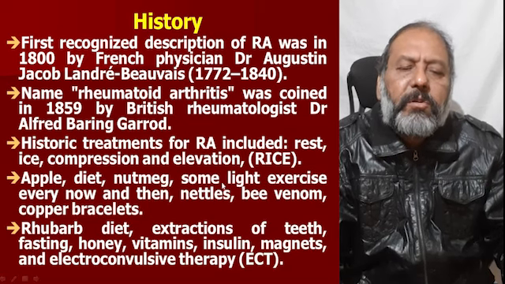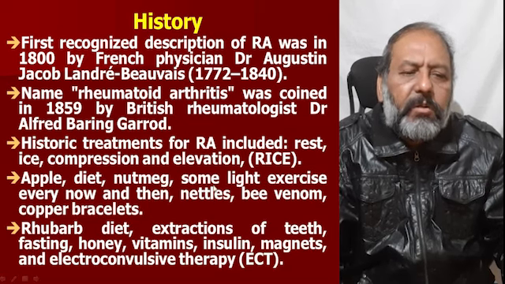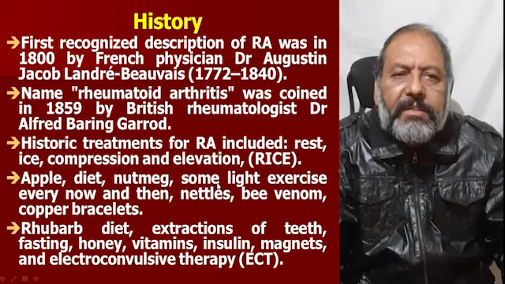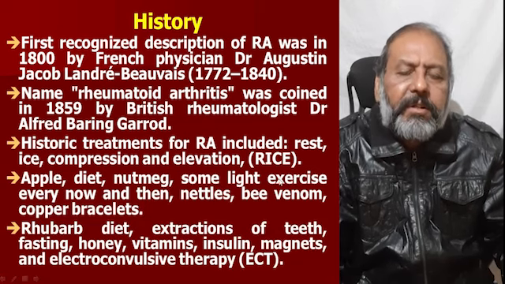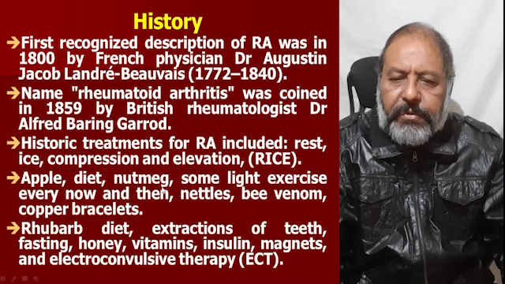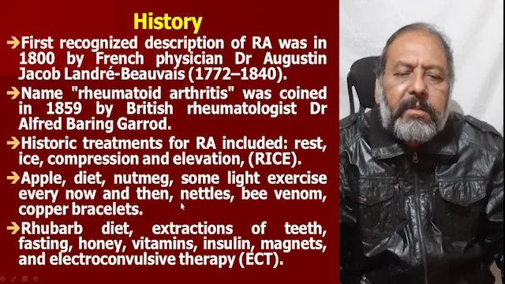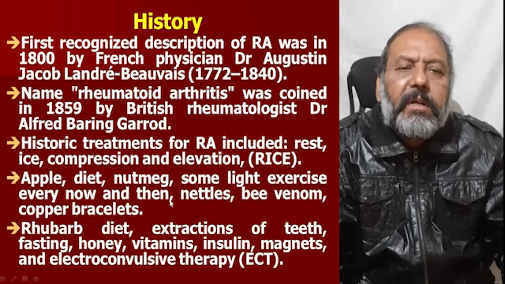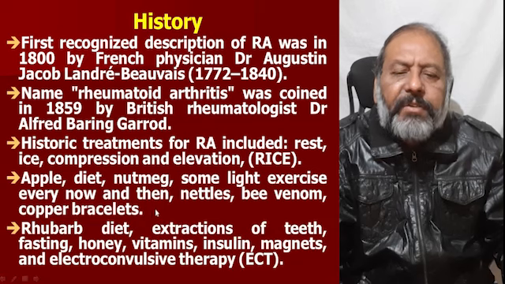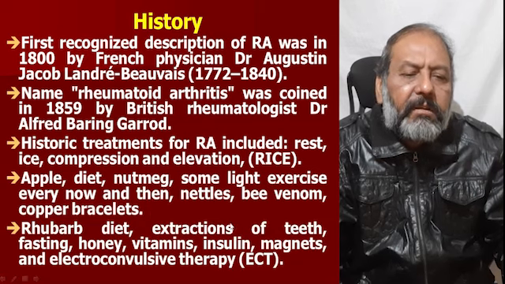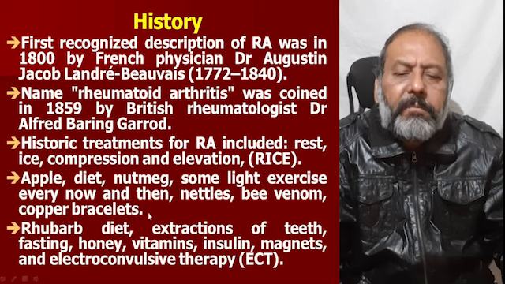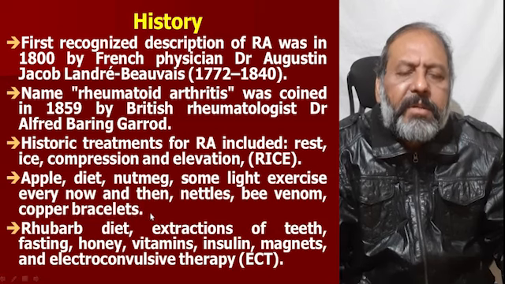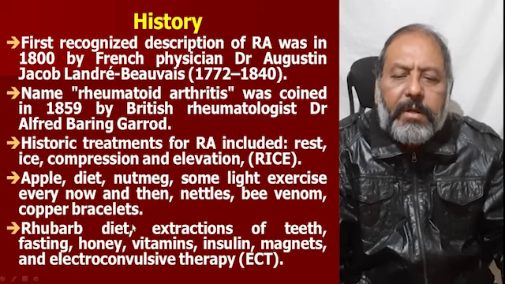Historic treatment for rheumatoid arthritis included rest, ice, compression, and elevation, which is abbreviated collectively as RICE. Apple diet, nutmeg, some light exercise every now and then, nettle, bee venom, and copper bracelets were also used as part of the treatment.